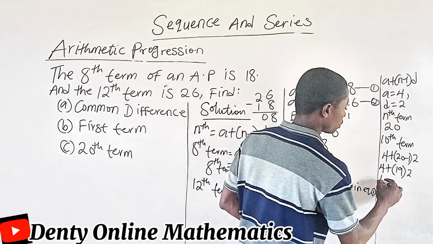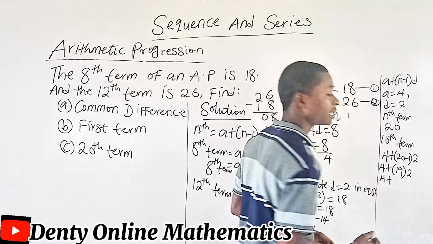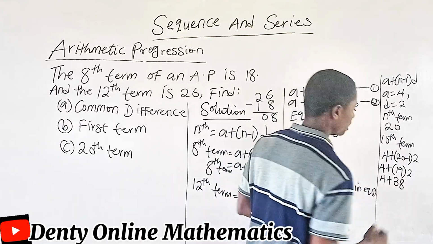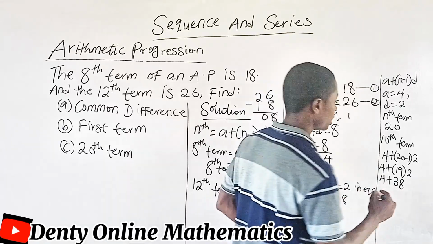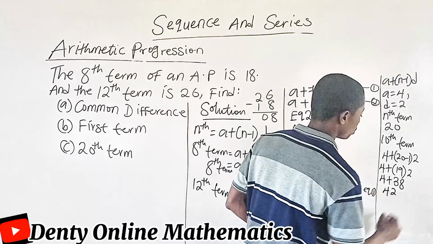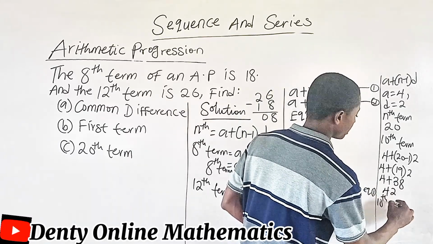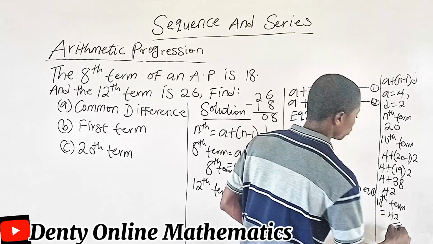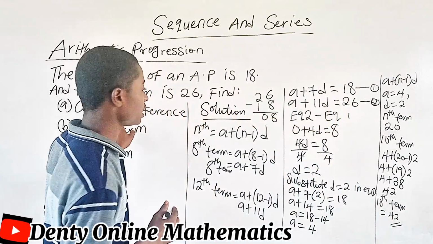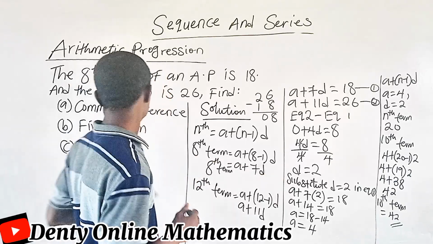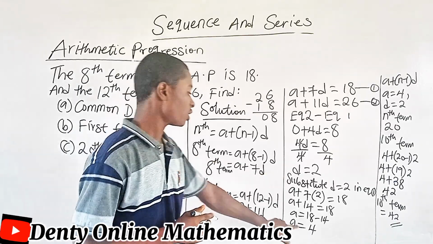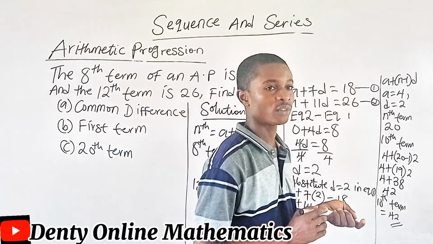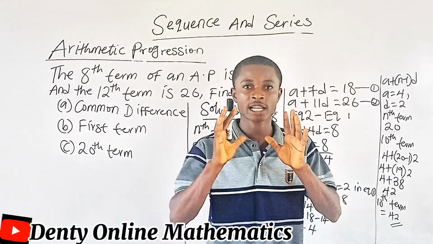So this will give us 4 plus 19 times 2, which is 38. Now 4 plus 38 will give us 42. So the 20th term is equal to 42. Now the common difference here is 2, the first term here is 4 and the 20th term is 42. So we have found all we were asked to find.